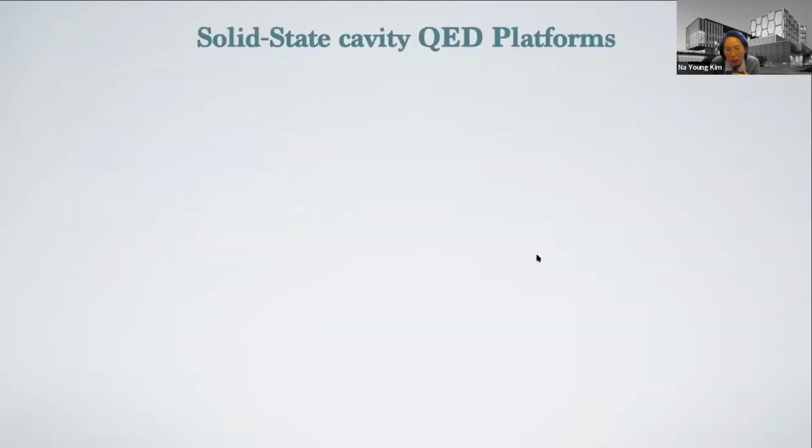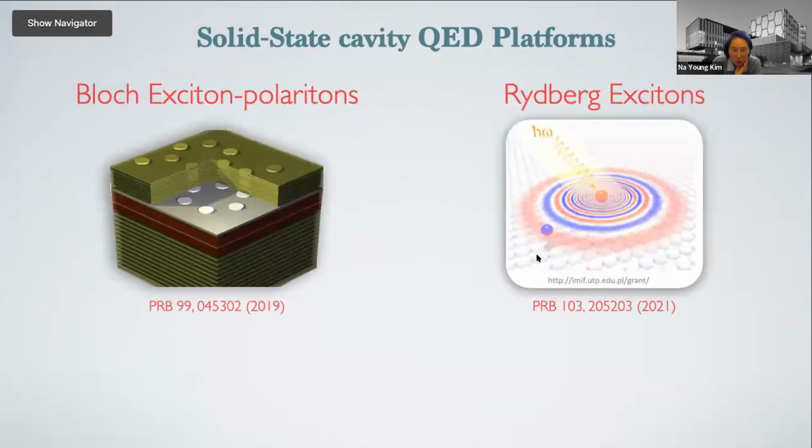So particularly, I'm explaining to you about solid-state cavity QED platforms, of which we already learned very exciting aspects from the previous speaker, Yuan. I'm working on two fields, exciton polaritons and Rydberg excitons, and given this time, I'm going to focus on the first one, exciton polaritons.